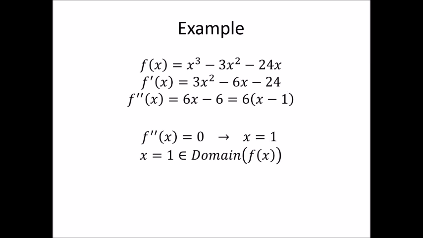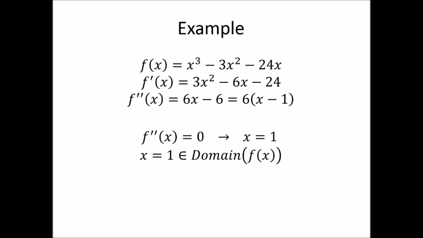I'm going to determine the sign of the second derivative by plugging a test point into the second derivative. So the easiest test point to the left of x equals 1 is probably x equals 0. And I would get a negative second derivative, -6. To the right of the potential inflection point, I might choose x equals 2, so 2 minus 1 is positive 1, I get positive 6.